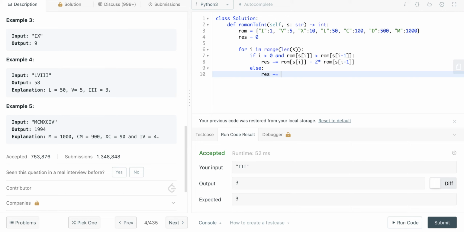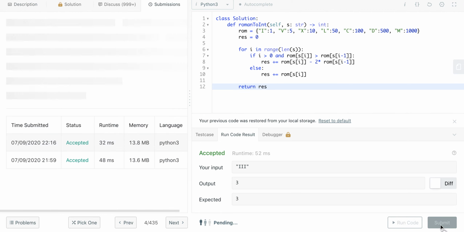Just add the value of the integer. So here we're gonna return the result after we go over every digit. So let's submit our code.